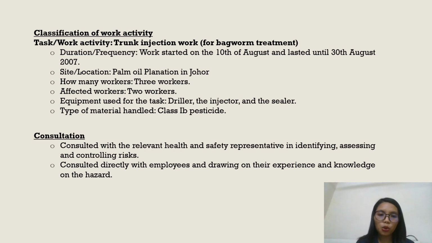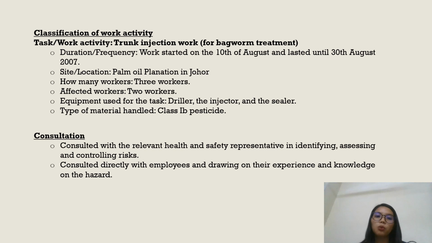The equipment used for the task was the driller, the injector, and the sealer. The type of material handled by the workers was class 1B pesticide. After we did the classification of the work activities, we did the consultation.